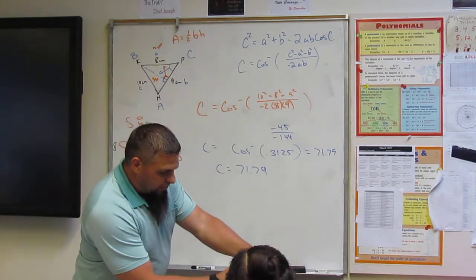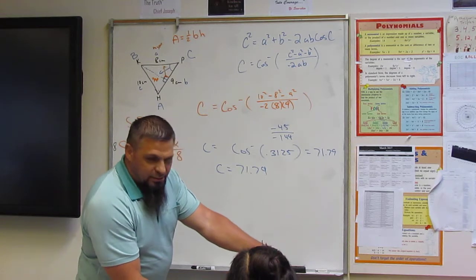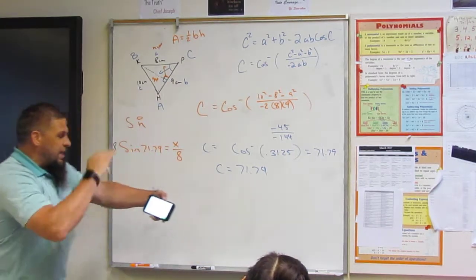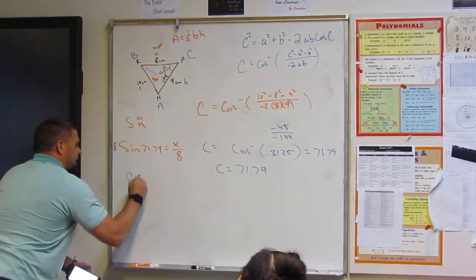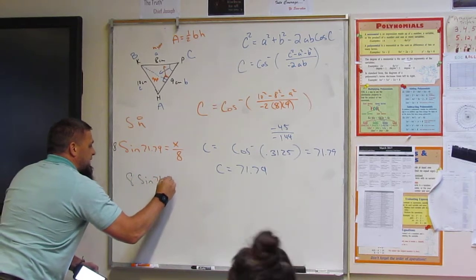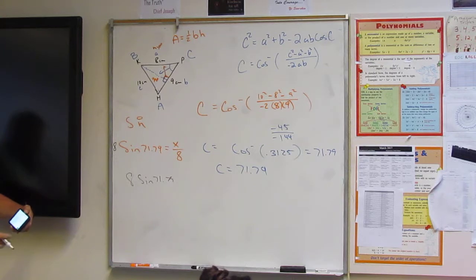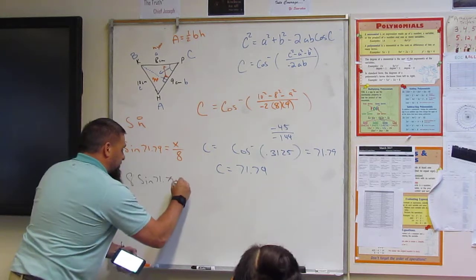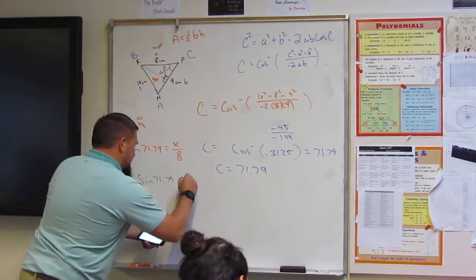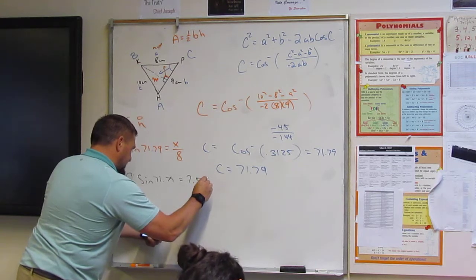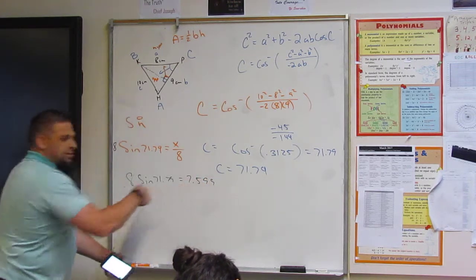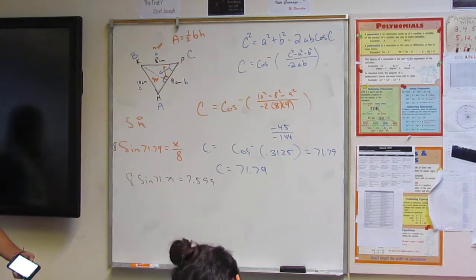Boom, and my 8. Right? So it's 8 times the sine of 71.79. Does that make sense? And then that equals 7.599. So that's about 7.6.